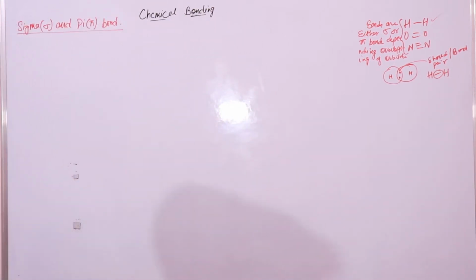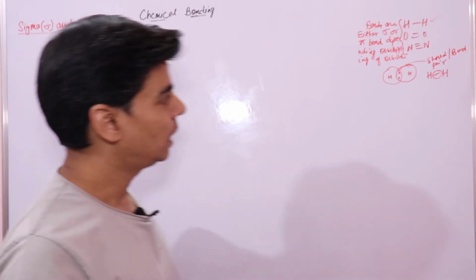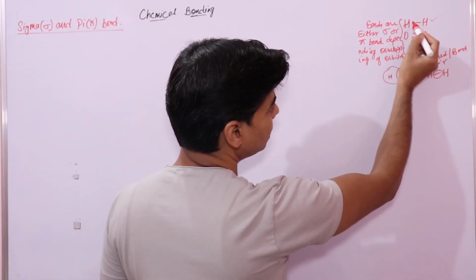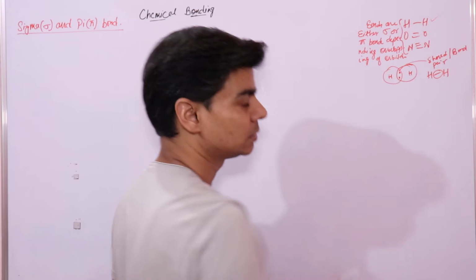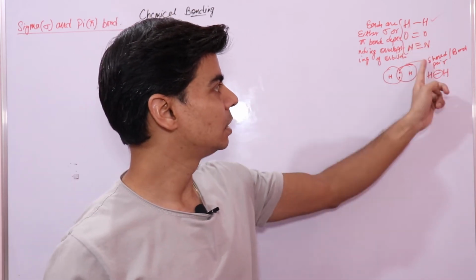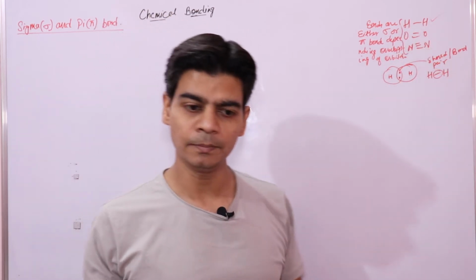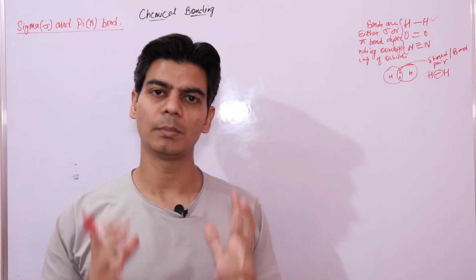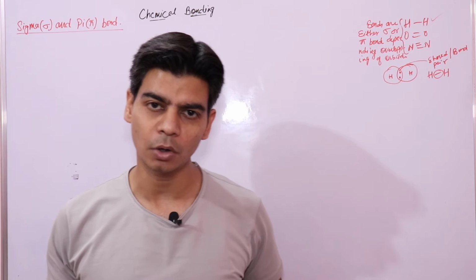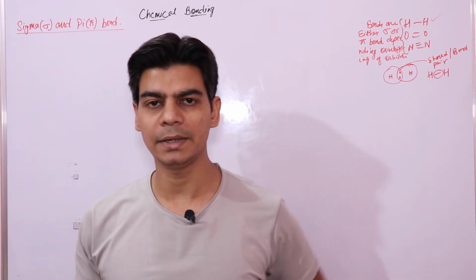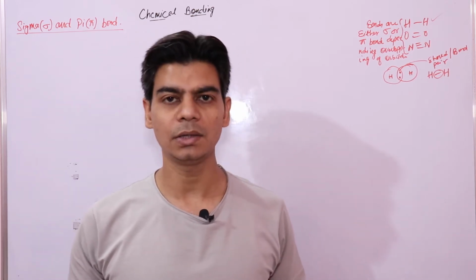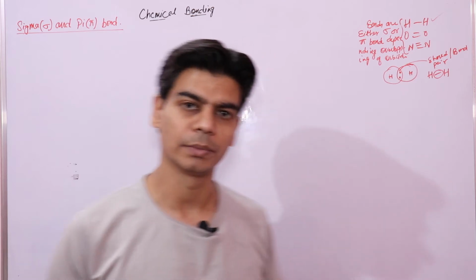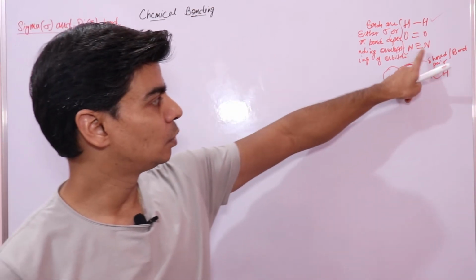Now let's look into the deeper picture. When atoms like hydrogen, oxygen and nitrogen come close to one another in order to form a bond, they do so to attain stability by acquiring 2 or 8 electrons in their outermost orbit.